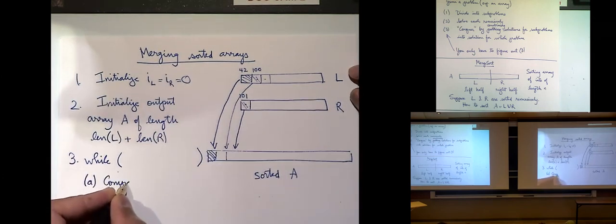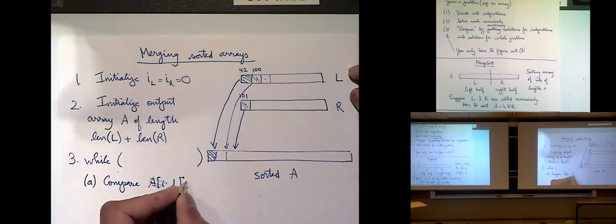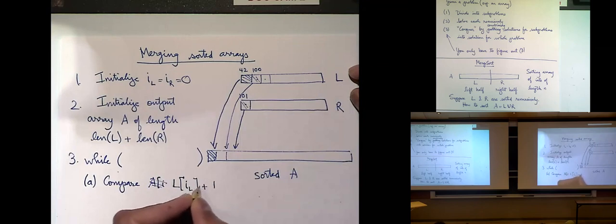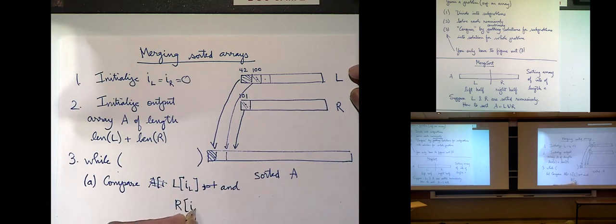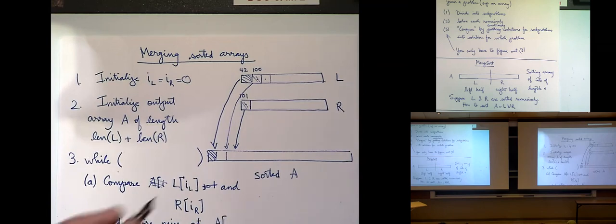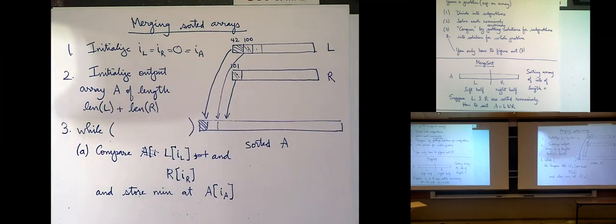So we'll compare L of IL and R of IR, and store the min at A. Okay, so I'm also going to have a new index that I'll call IA, the index of A. Okay?